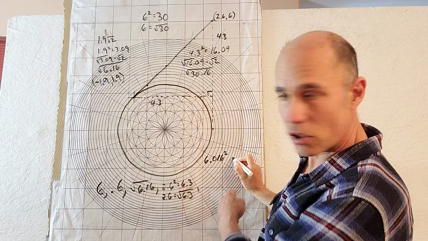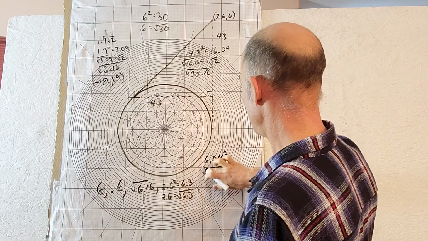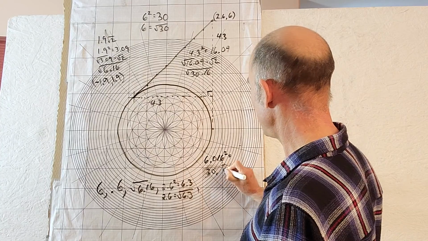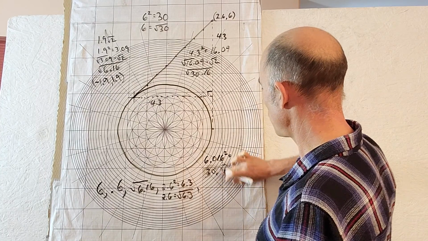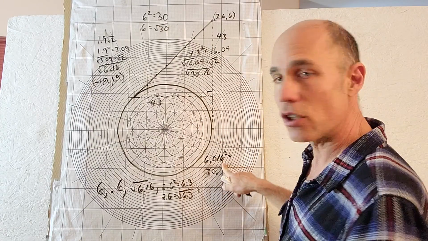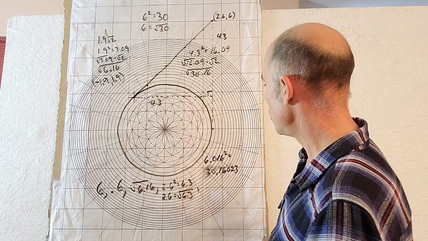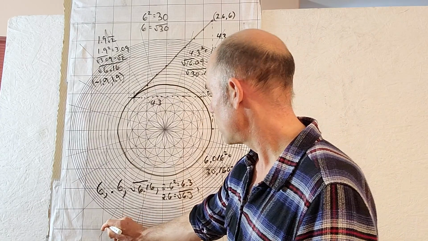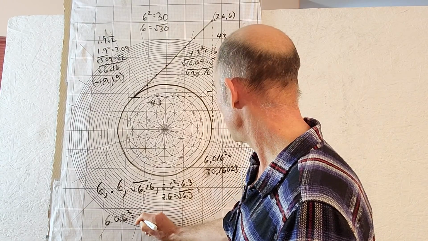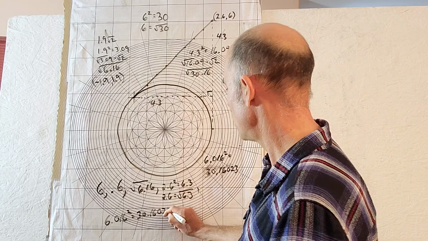So 6.016 squared equals, I'll write it down here, 30.16023.